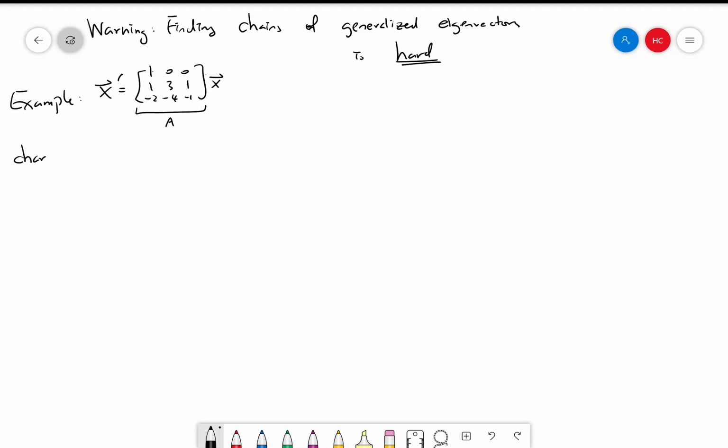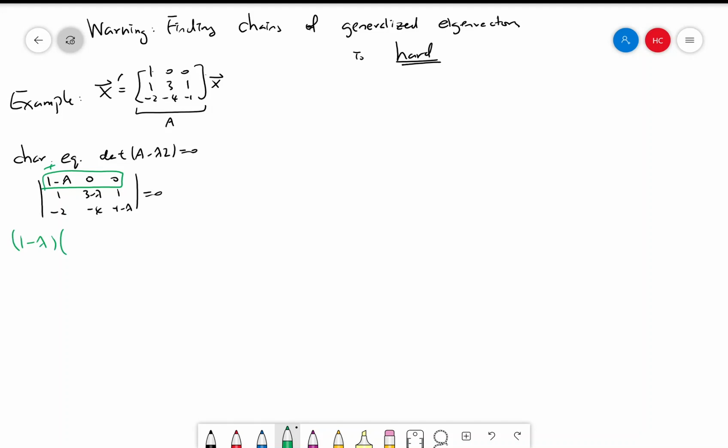Then standard procedure, characteristic equation, determinant of A minus lambda I equal to 0. First row has a lot of zeros. Let's do that. This is a plus. So 1 minus lambda times the determinant of a smaller one: 3 minus lambda, 1, negative 4, negative 1 minus lambda, equal to 0. 1 minus lambda, and this is 3 minus lambda, negative 1 minus lambda, minus 1 times negative 4, equal to 0.